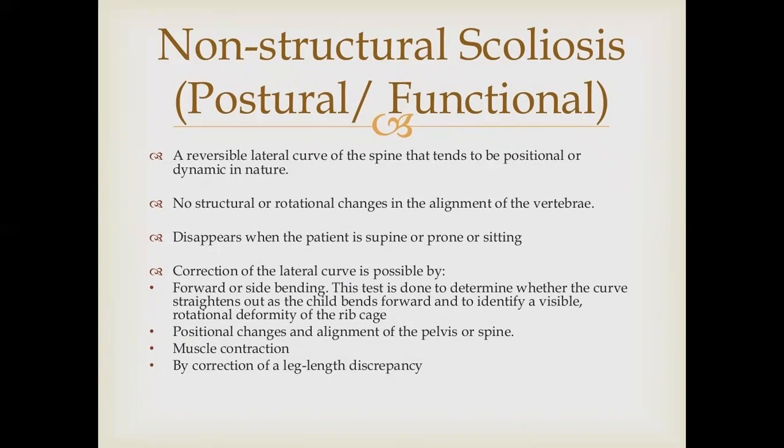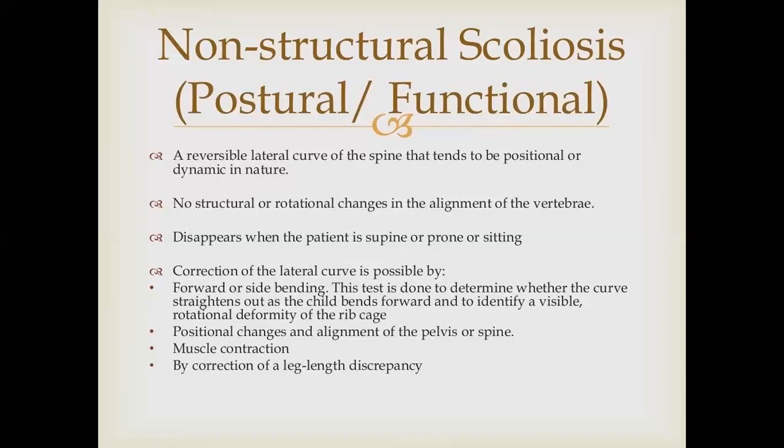Correction of the lateral curve is possible by forward or side bending. This test is done to determine whether the curve straightens out as the child bends forward, and to identify a visible rotational deformity of the rib cage. We will be seeing the test used to correct the spinal curvature.